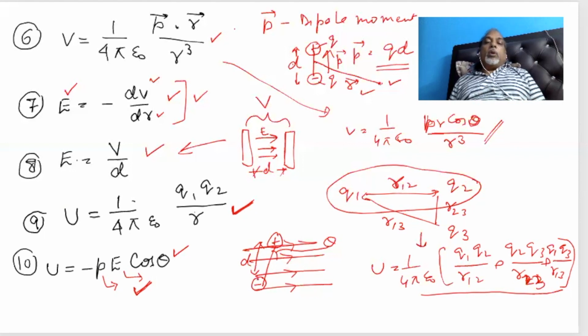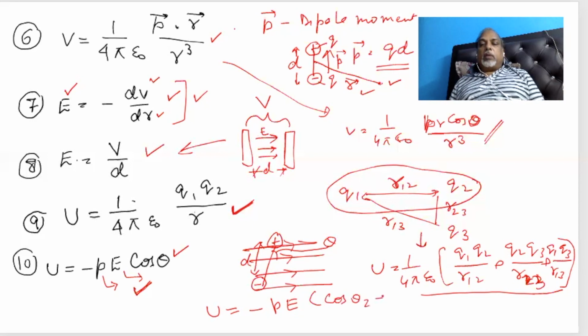So, in general, you can write this formula as minus PE times cos theta 2 minus cos theta 1.